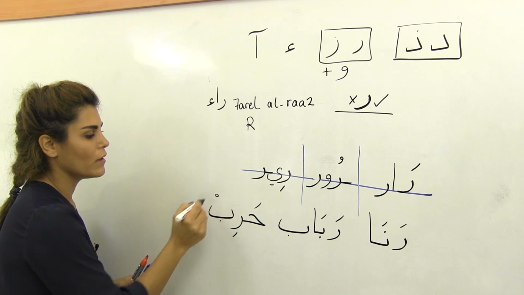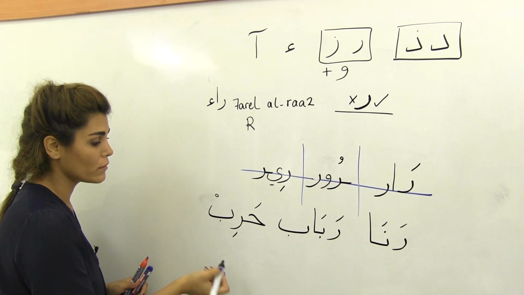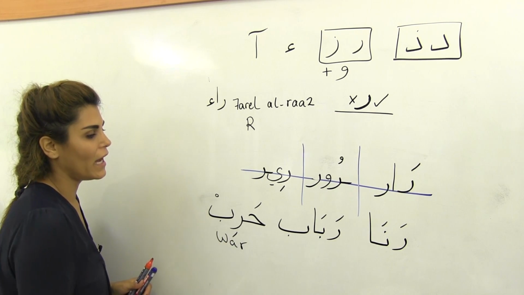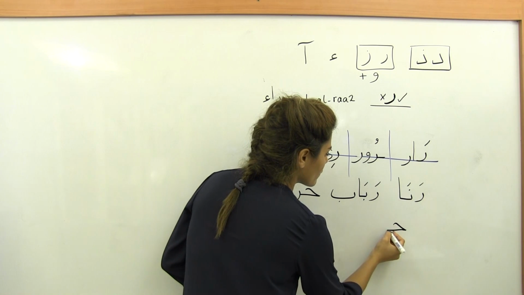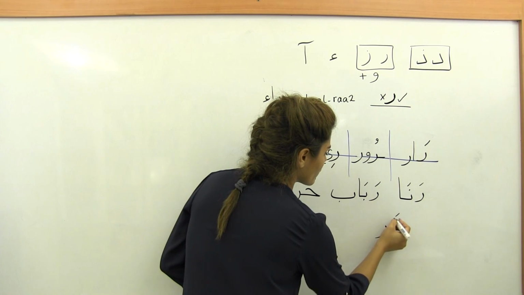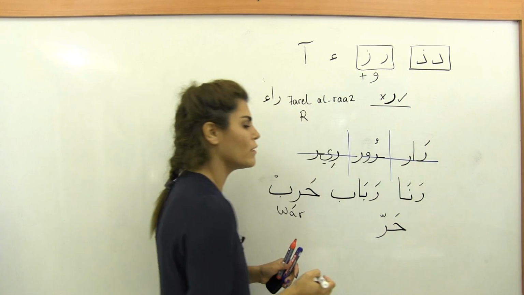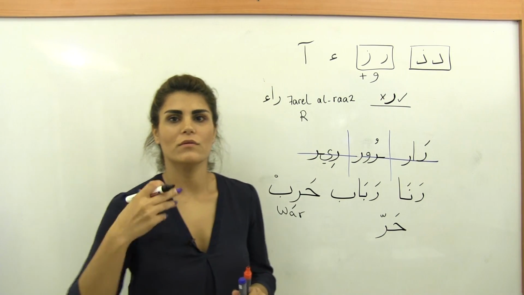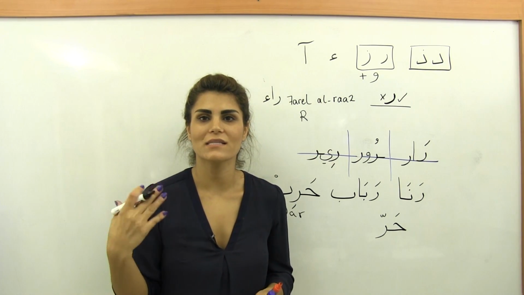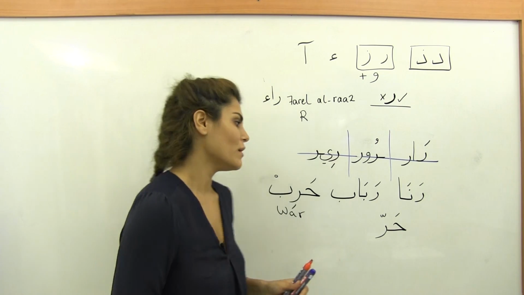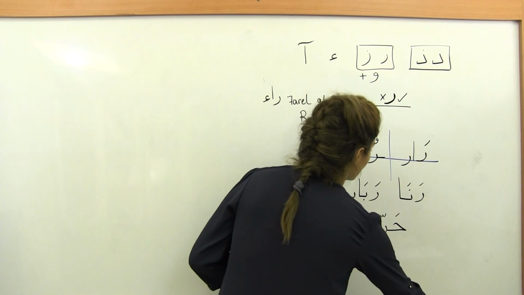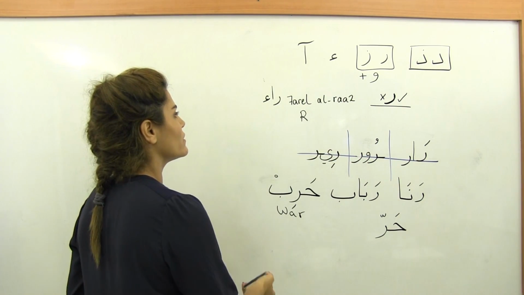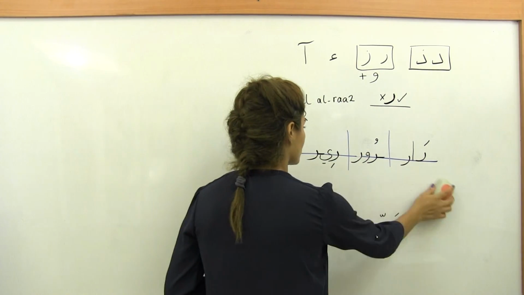Harb, Harb means war. Har, in spoken language it means spicy. So this is letter Ra, and now we move to letter Zain or Zay.